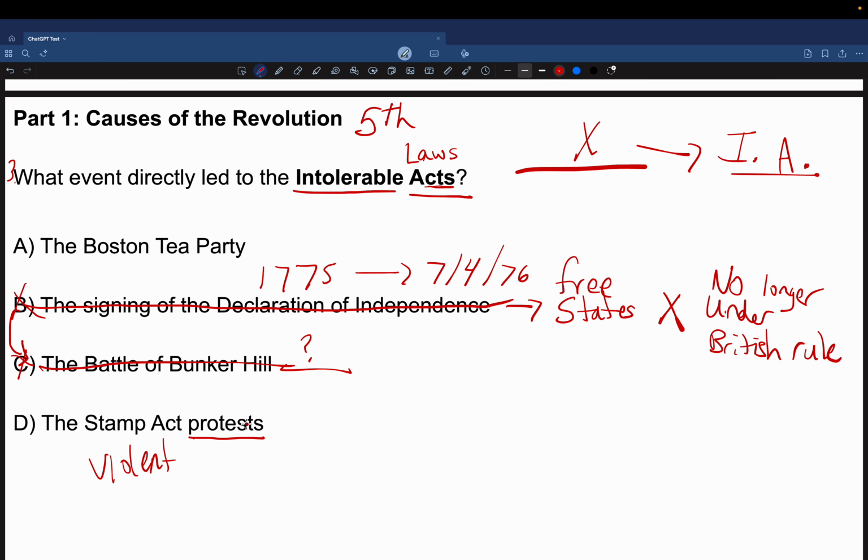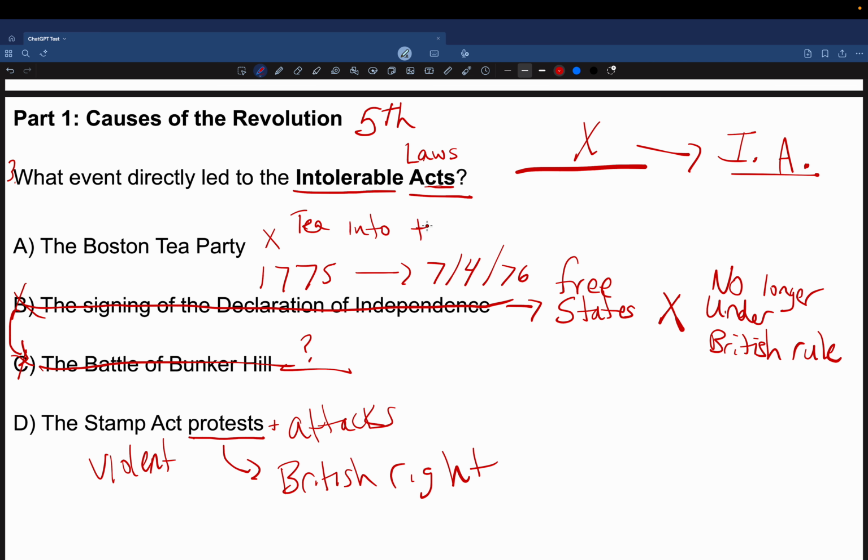So this says the Stamp Act protest, but it didn't say the Stamp Act protests and attacks. It just said protests. Now, protesting is protected under the British rights system. So the colonists did have the right to protest. So this is a British right. What makes that different from the Boston Tea Party? Well, they had no right to throw tea into the harbor. So tea into the harbor is not a right.